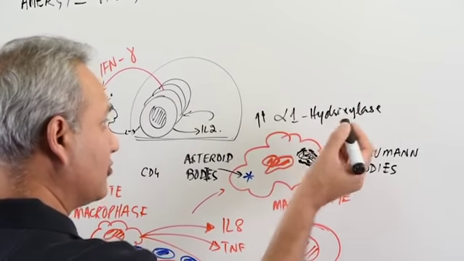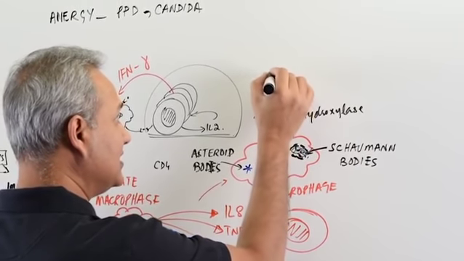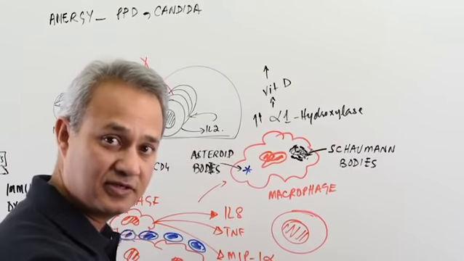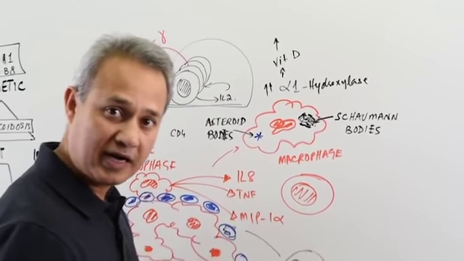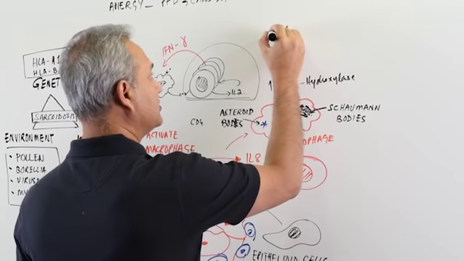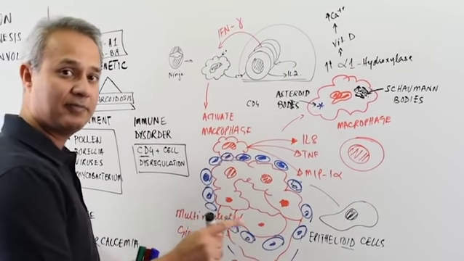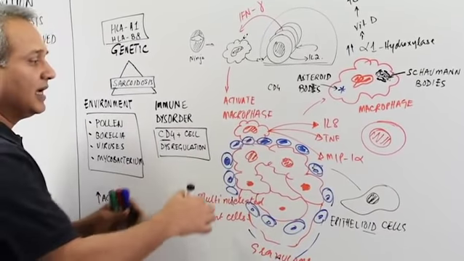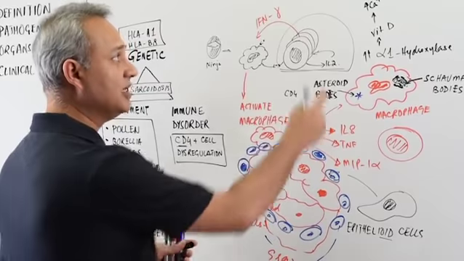When that is increased, of course, that means vitamin D will be increased. When vitamin D is increased, that means calcium phosphate metabolism would become hyper, and that would increase the calcium levels. So this is how it happens, and it is not necessary that hypercalcemia occurs only in sarcoidosis. Any disease where there is giant cell formation and granuloma formation, this can happen.